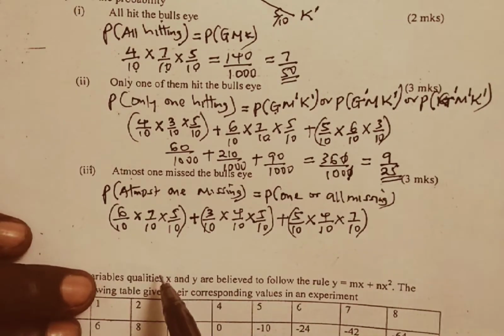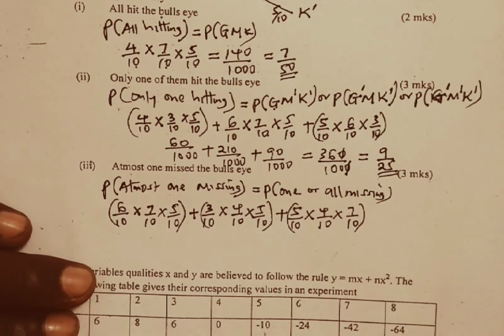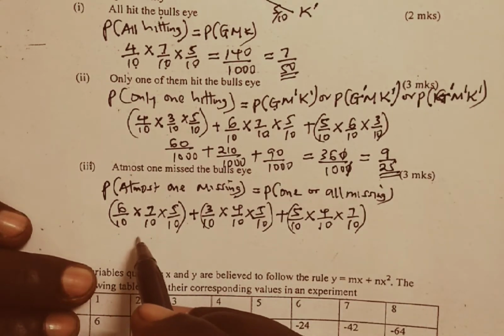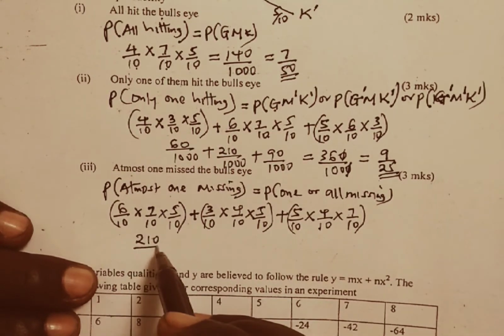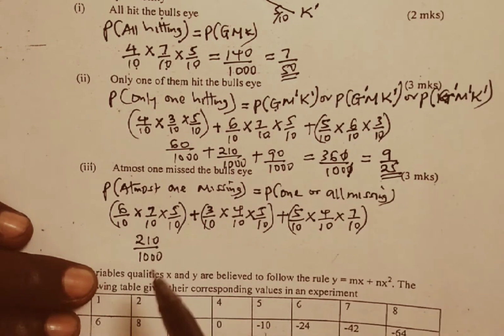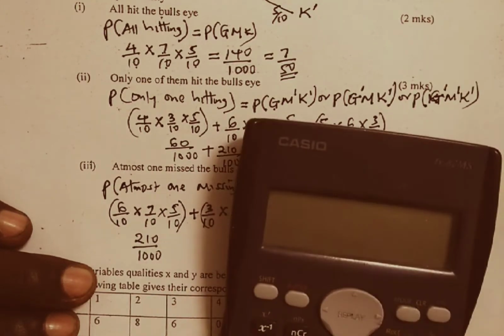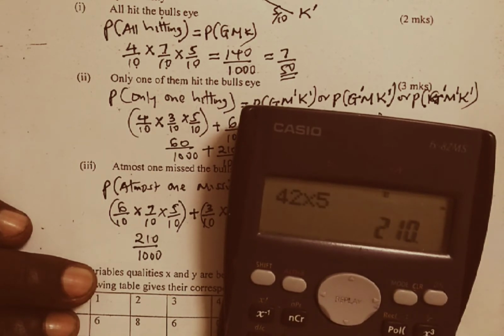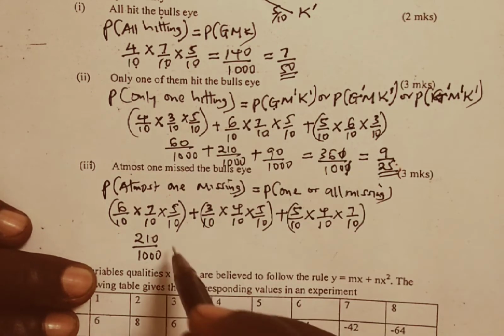From here we can do the workings. 6 times 7 times 5 will give us 210 divided by 1000. That is 42 times 5, which is 210.